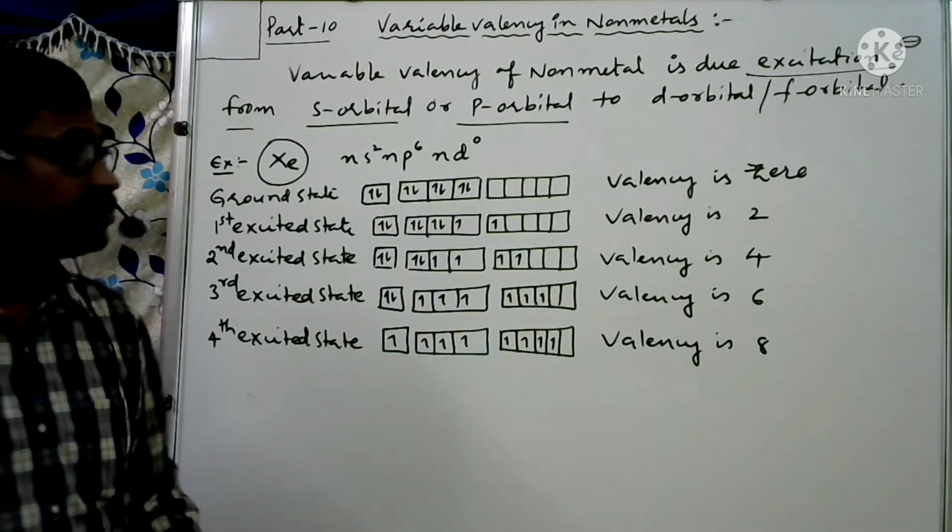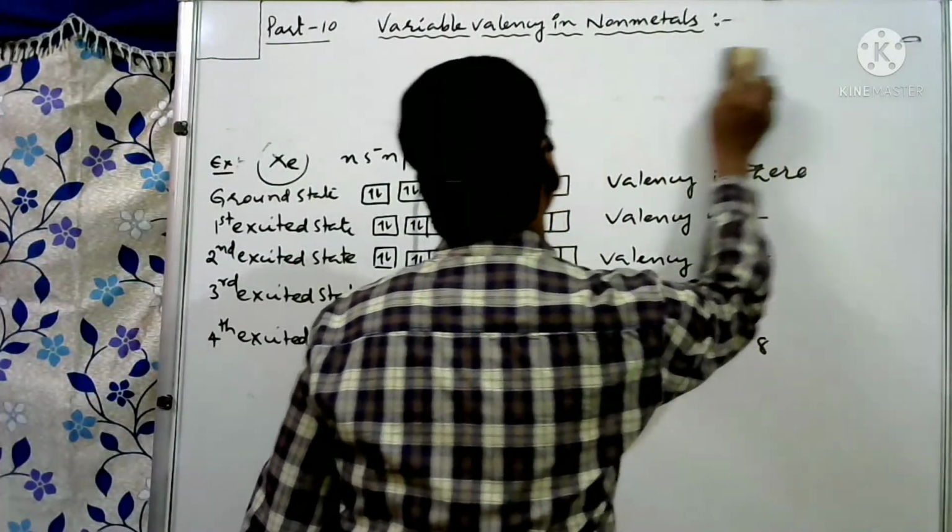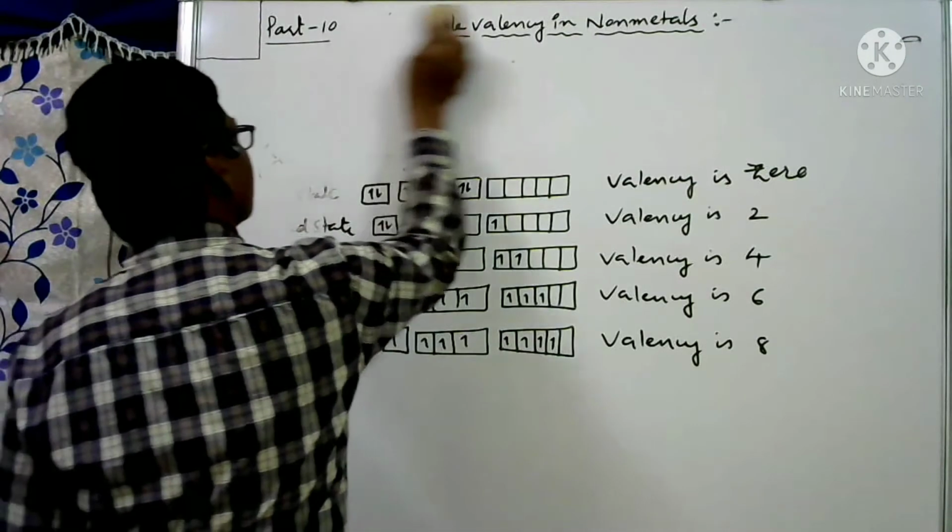Then about ions. What is an ion? An ion is nothing but a charged species.